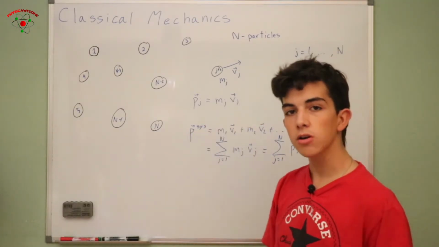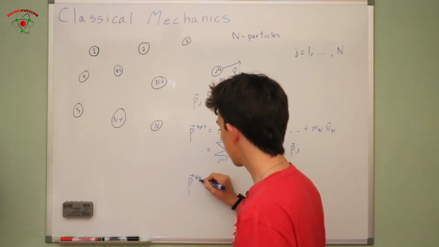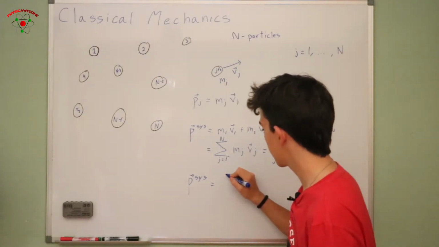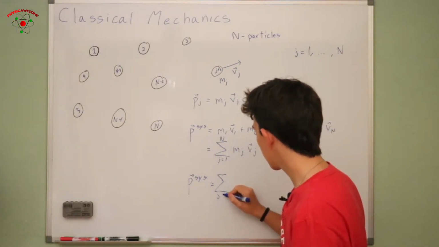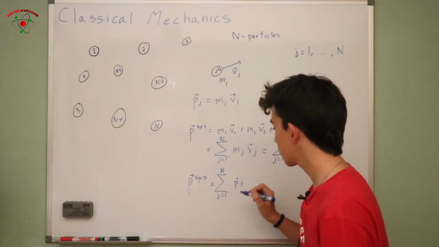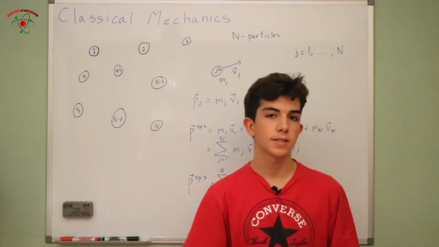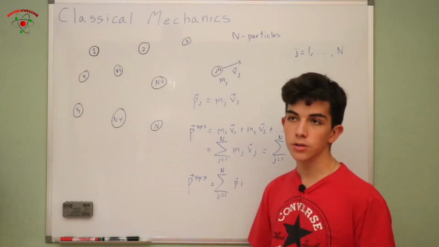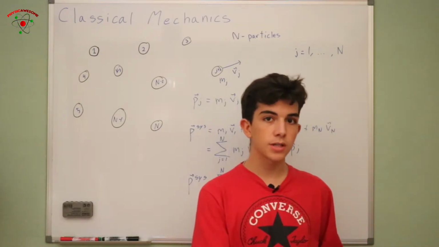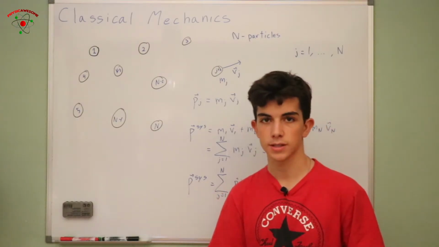So we can conclude that the total momentum of a system equals the sum of each of the individual momentums. This is also known as the principle of superposition that applies to quantities such as momentum, not energy, but forces and other different quantities in physics.